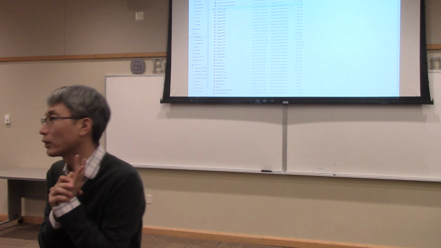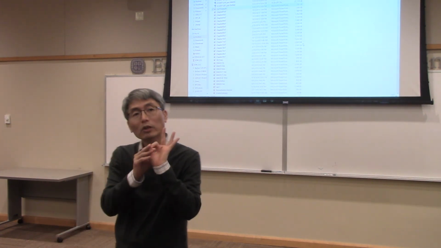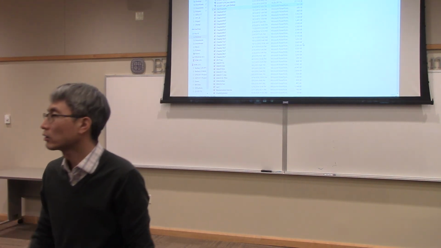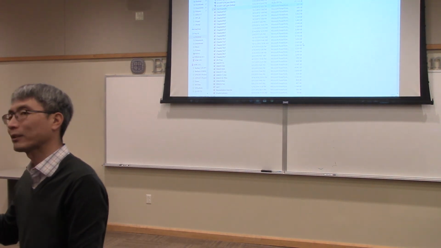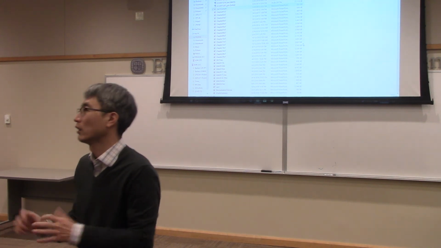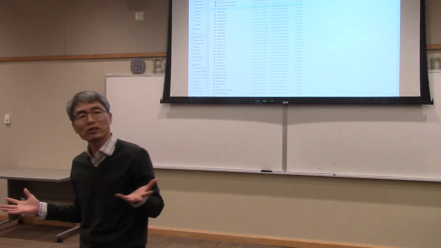Sometimes, depending on the DBMS, they are combined together, but sometimes they are separated. Once you submit a query, you should be able to explain what happened. For example, select name from employee where ID equals 1. You should be able to explain what's going on when you submit this query to the database system.